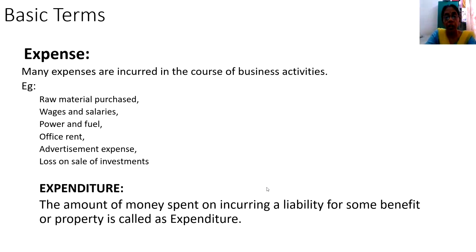If I have employees, I need to pay them their wages and salaries. Likewise, all these things will incur some money out of my business to be paid to outsiders, which are termed expenses. And understand, students, these are incurred during the regular course of the business activity.